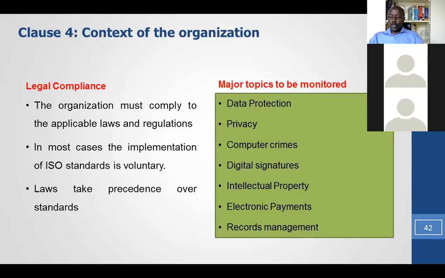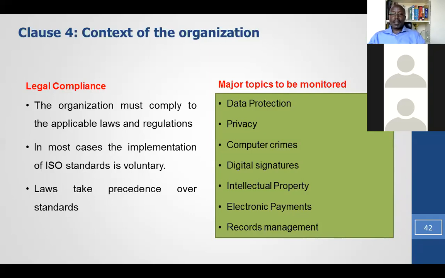to meet. So you consider all those things, consider privacy and data protection, computer crimes that are happening, digital signatures, like in the ICT Act, intellectual property for contracts, maybe software use, software vendors, and licensing requirements, electronic payments that normally come with maybe the payment card industries, PCI DSS.